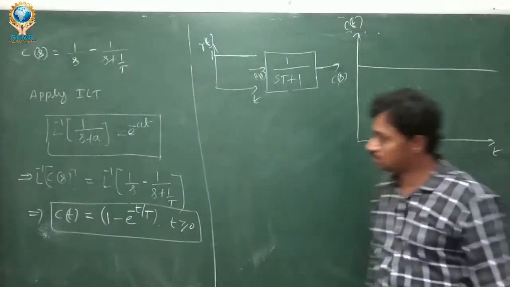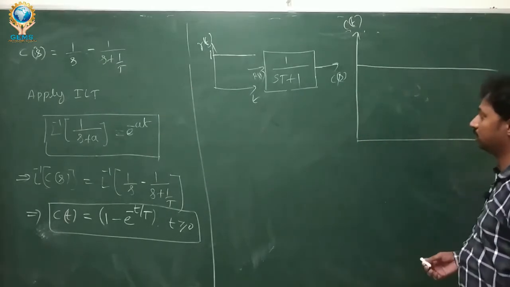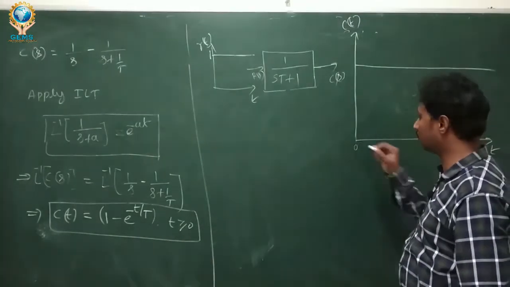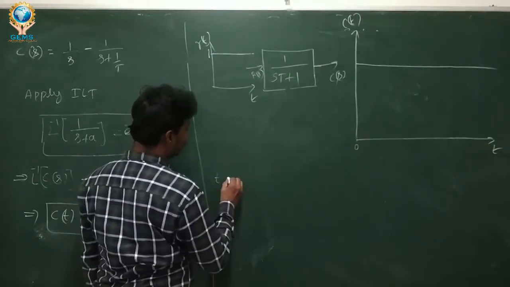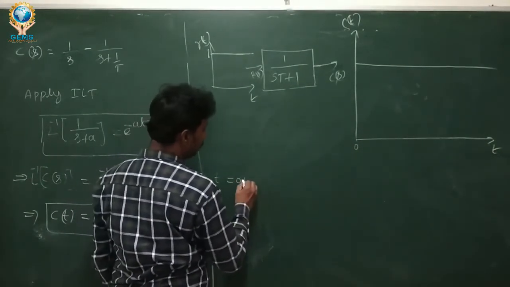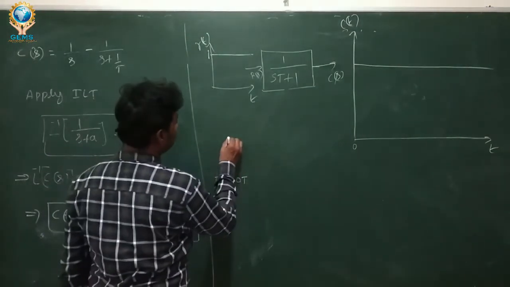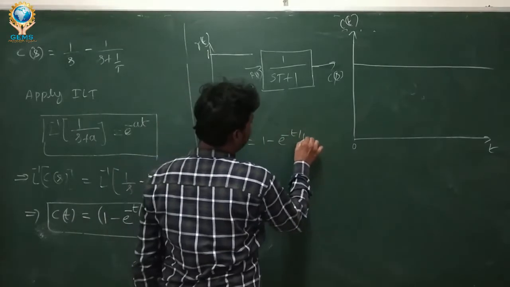C of t is equal to 1 minus e raised to minus t by T. We substitute the values here. First I am going to substitute t is equal to 0 in this equation.